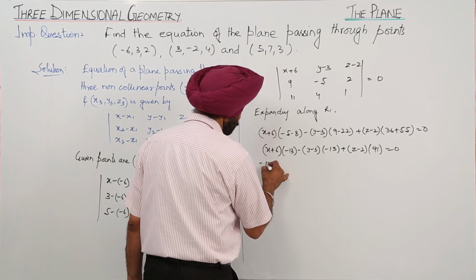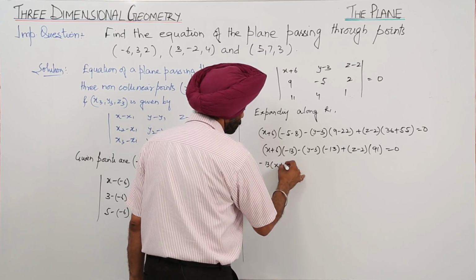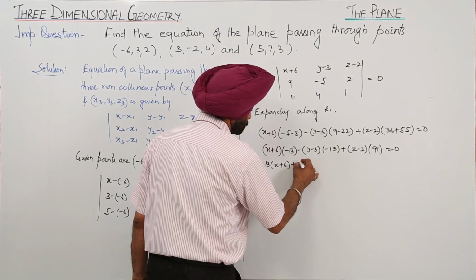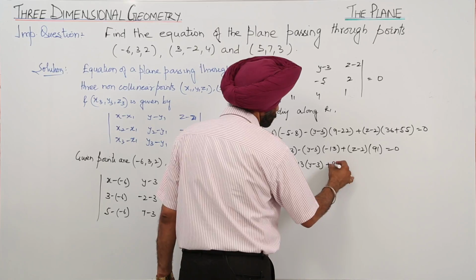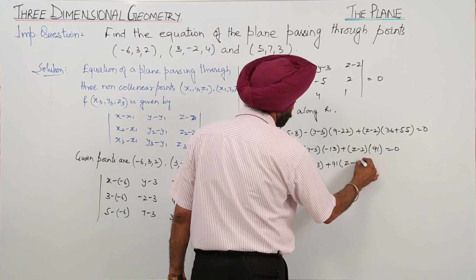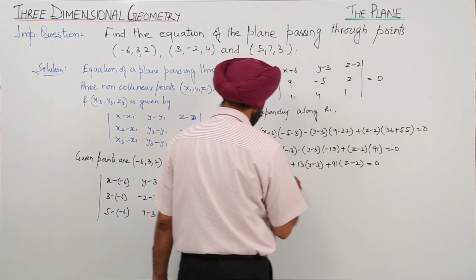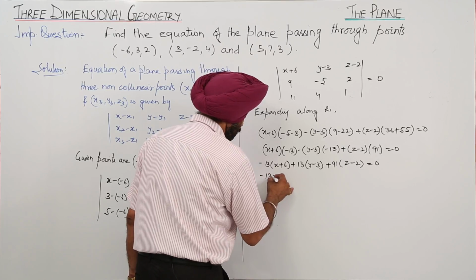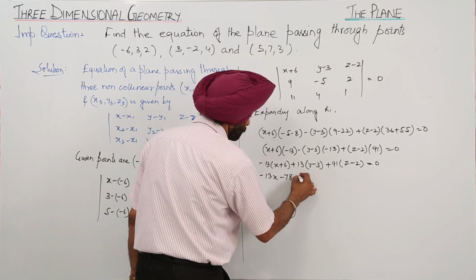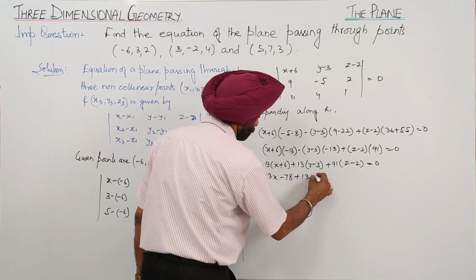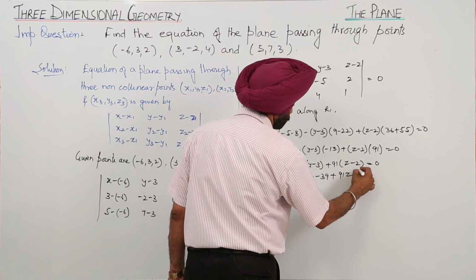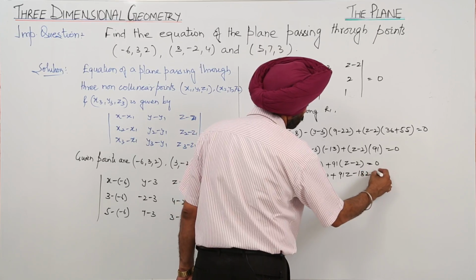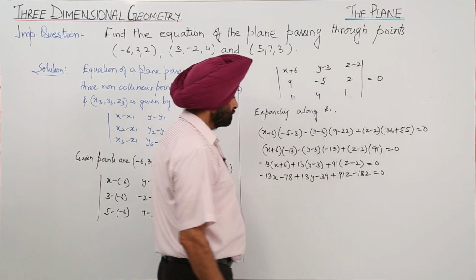Negative of 13 times x plus 6, plus positive of 13 times y minus 3, plus 91 times z minus 2 is equal to 0. That is, minus 78 plus 13y minus 39 plus 91z minus 182 is equal to 0.